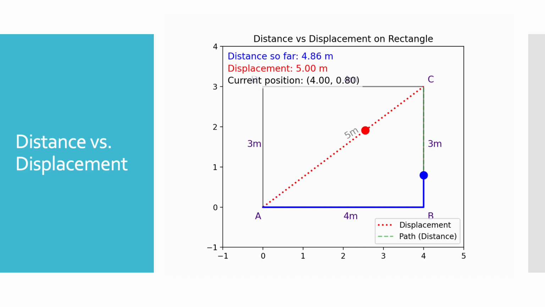The actual path from A to C is A to B and then from B to C. So the blue ball is taking that path A to B and B to C. The total distance traveled is 4 plus 3, which is 7 meters. And the displacement, which is the shortest distance between the initial point and the final point A to C, is just 5 meters.